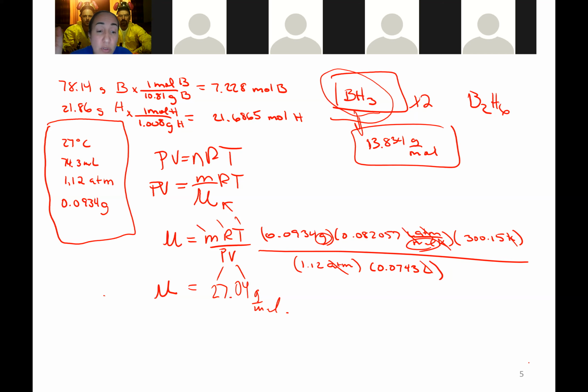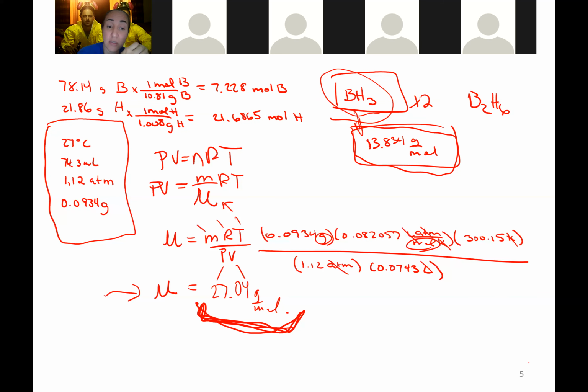We used the PV = nRT information to get the molar mass of the actual compound. So this is what the actual molecular formula weighs, right? We have to find what the empirical formula weighs, and see how many times the empirical formula fits into the actual formula, the 27.